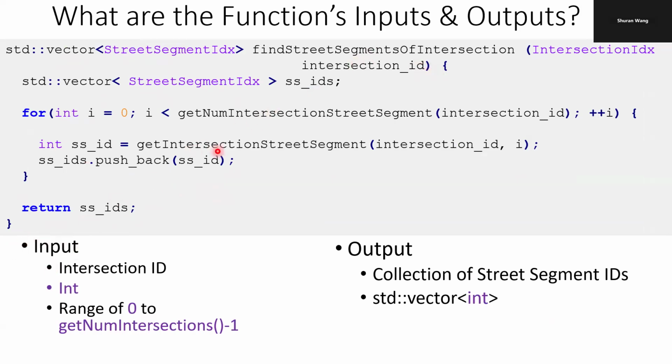The input to this function is an integer, intersection ID, that ranges from 0 to number of intersections -1. The output is a collection of street segment IDs, so basically a vector of int.